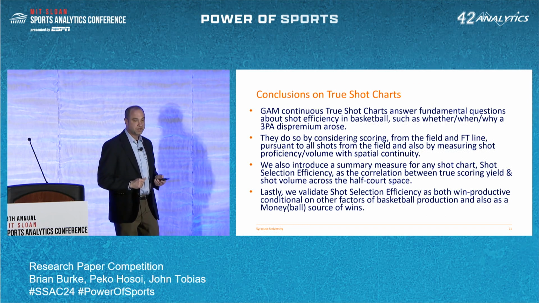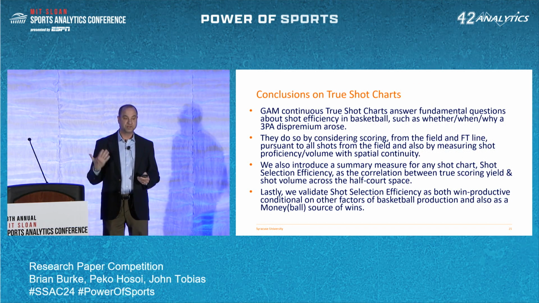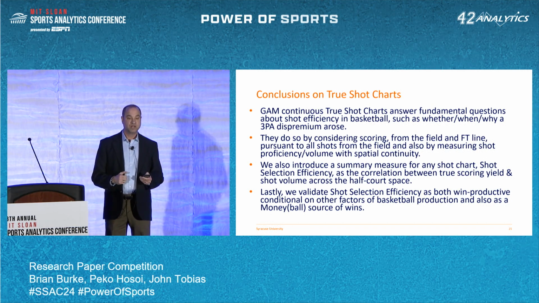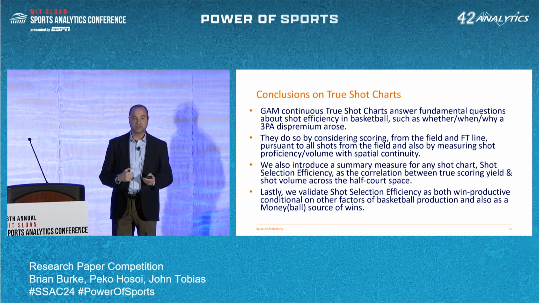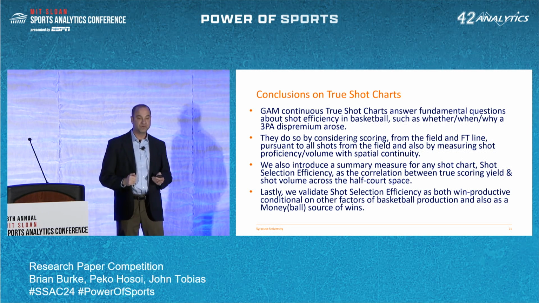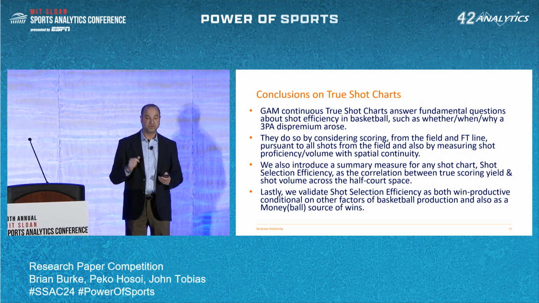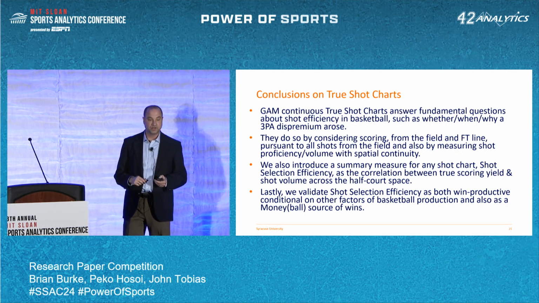Some conclusions. Continuous true shot charts answer fundamental questions about shot efficiency in basketball, such as whether, when, and why a three-point attempt dis-premium arose in the NBA. They do so by considering scoring from the field and free throw line pursuant to all shots from the field, and also by measuring shot proficiency and volume with spatial continuity.